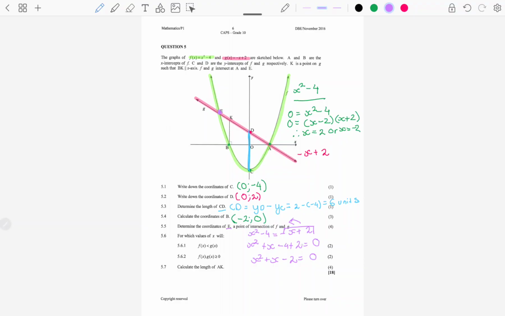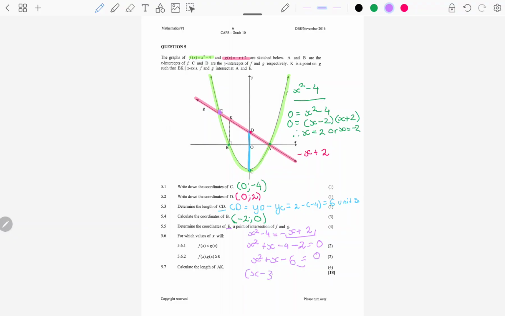Sorry, this was a miscalculation on my part. Since I'm bringing this part onto this side to make everything equal, the negative x will become positive and the positive 2 will become negative. So therefore it will become x squared plus x minus 6 is equal to 0. And since this is a trinomial, we can factorize it. I'll be using the factors of 3 and 2 to give me 1.